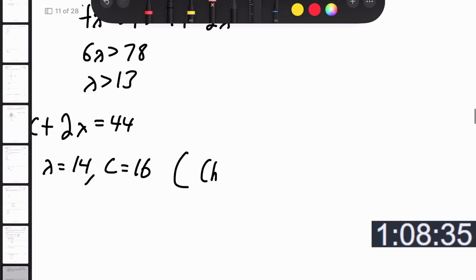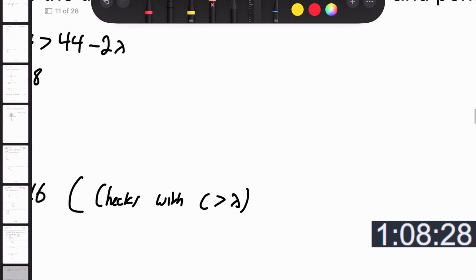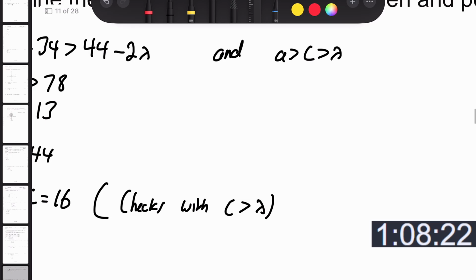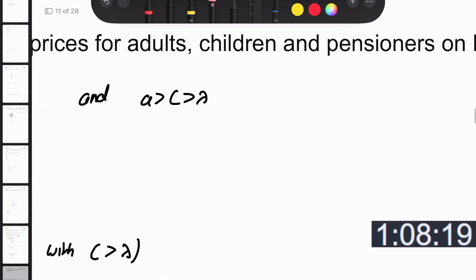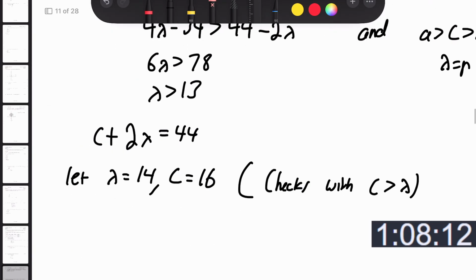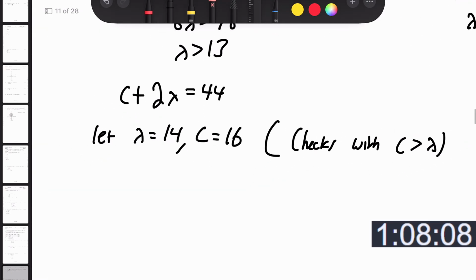Which checks with c greater than lambda, and we need that a is greater than lambda, which is also just p. So 44 minus 28 is 16, c equals 16.